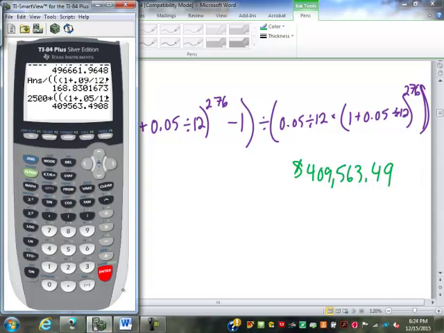So that is the amount that you would need at the beginning of this retirement at age 65 in order to fund that $2,500 a month that you want to live off of.